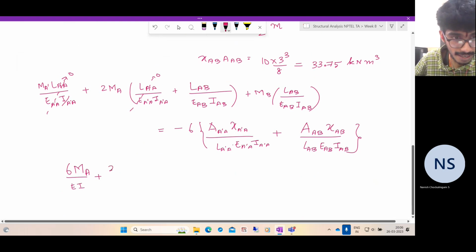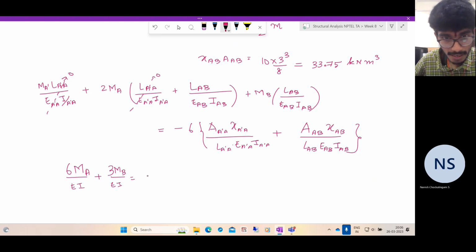So it is 3 MB by EI is equal to minus 6 into, again, EA prime, IA prime. This is infinite, so you have an infinity in the denominator. So this is 0. And AAB XAB is 33.75.